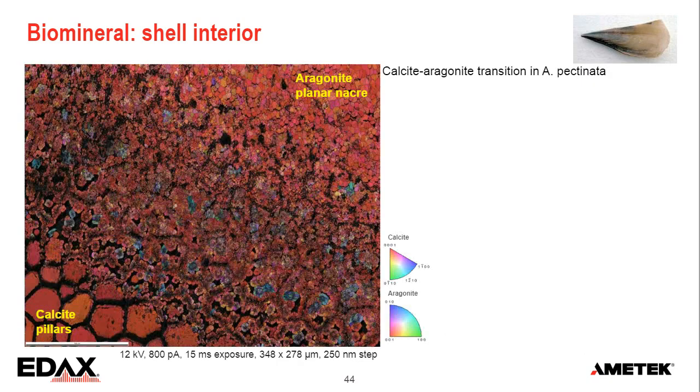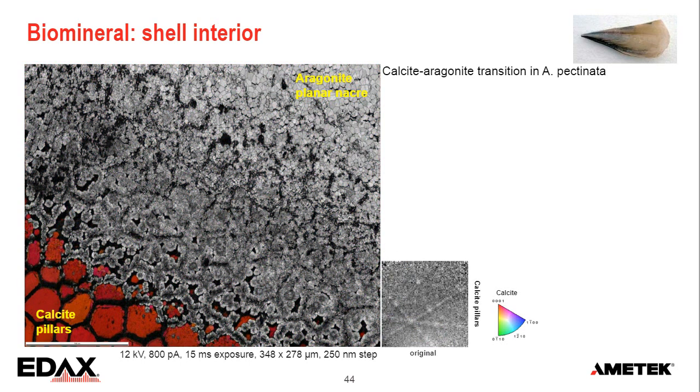Okay, so when I index that, we get these nice colors. Everything is red in the aragonite nacre, and here on the calcite pillars on the left. And in between, we have a very fine-grained zone with some different colors, some bluish materials. And when we separate those, this is the pattern quality of the calcite.